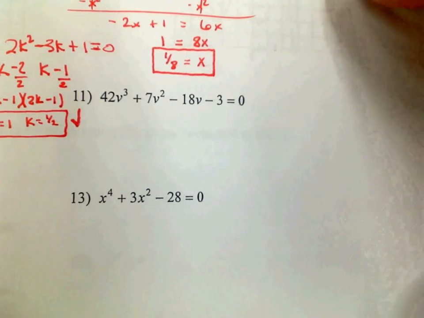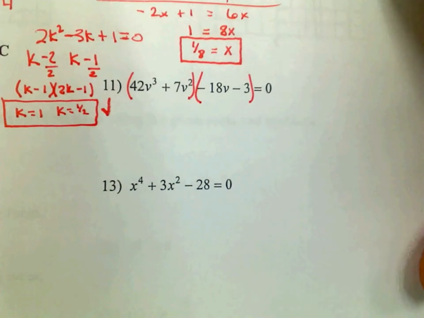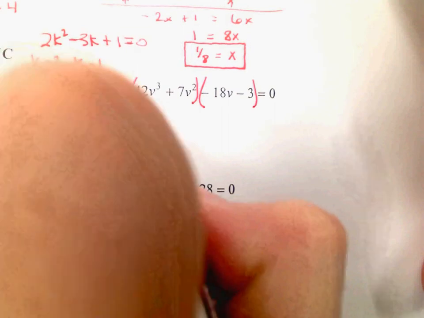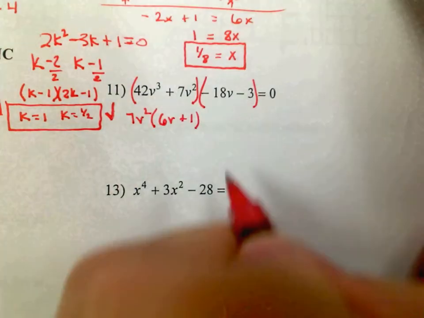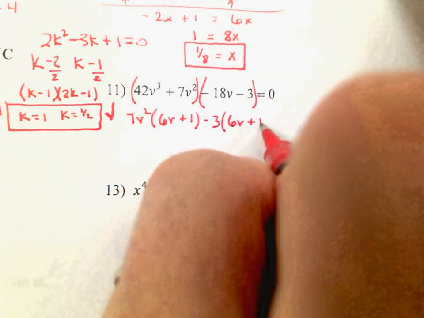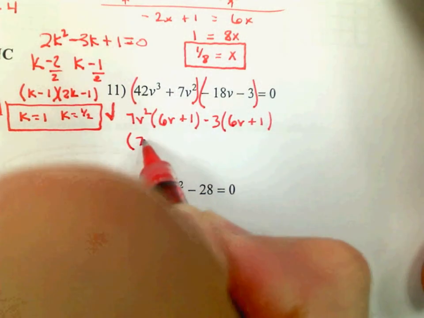All right, number 11. Grouping. We've got a 7v squared that can be pulled out of these. That leaves me 6v plus 1. And a negative 3. That leaves me with 6v plus 1. So I've got 7v squared minus 3 and 6v plus 1. Those are my factors.